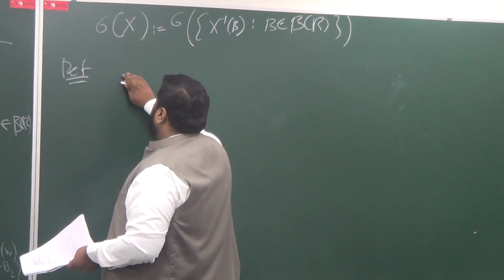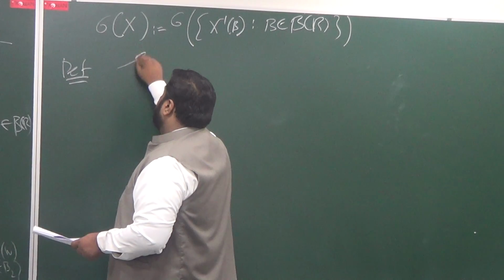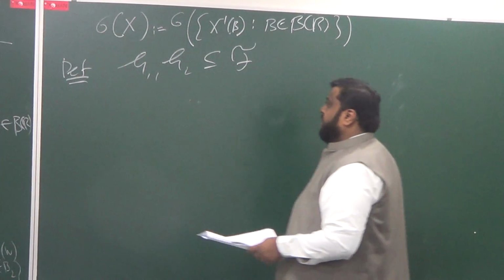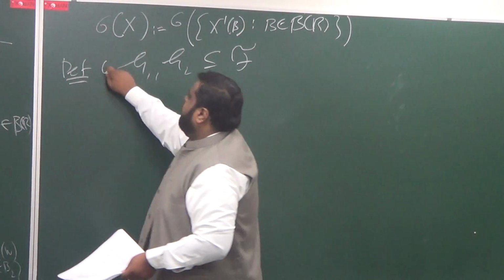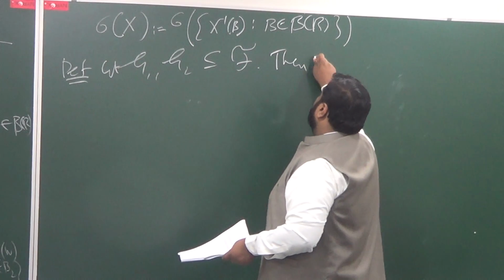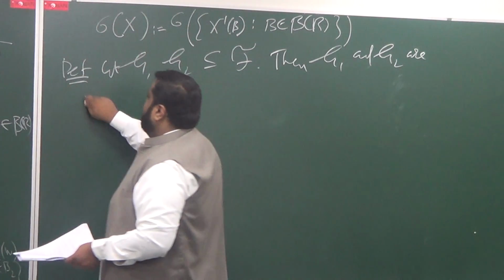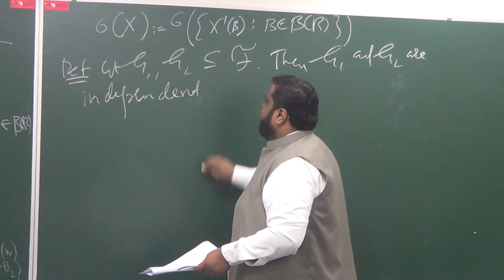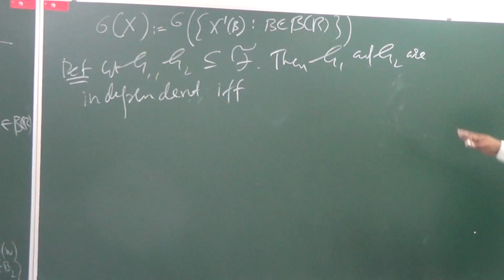Imagine I have a sigma field F. Let G1 and G2 be two sub-sigma fields of F. Then G1 and G2 are independent if and only if, for any two events from these sets, those two events are independent.